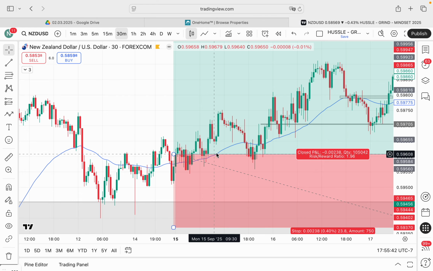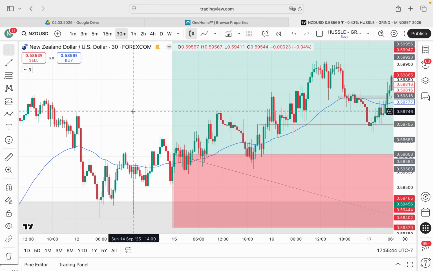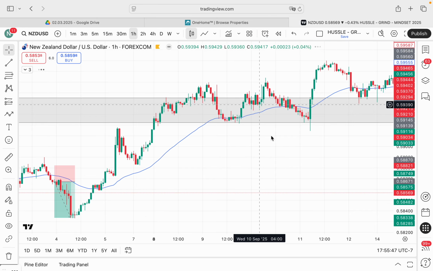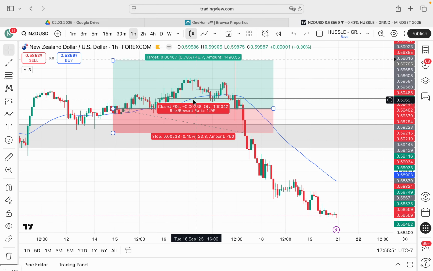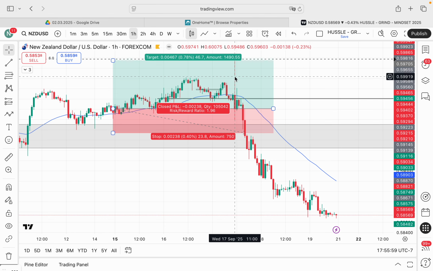I enter right here on the London, but when I see this, I was like, damn, we are having a hard time to continue. So I was like, okay, I'm gonna exit, because since we do have fundamental news, I'm not gonna gamble.